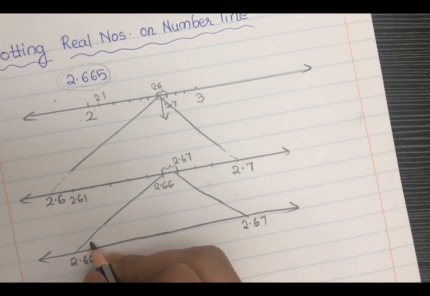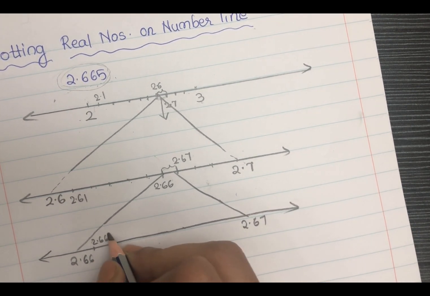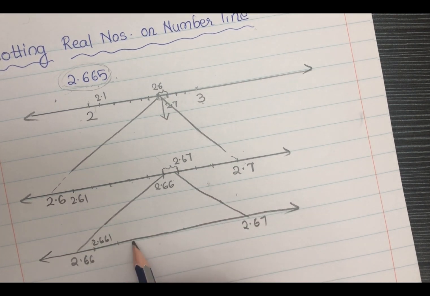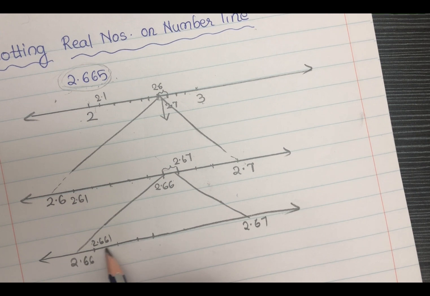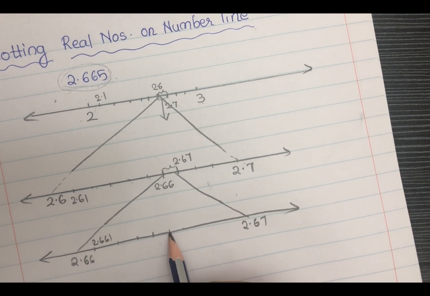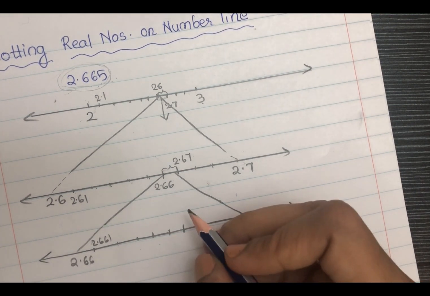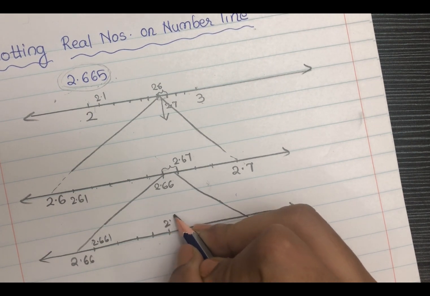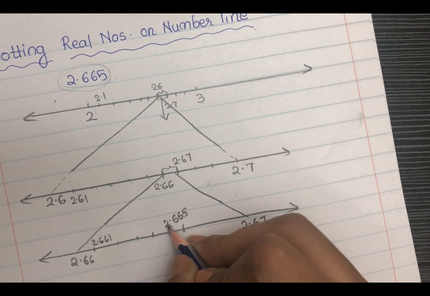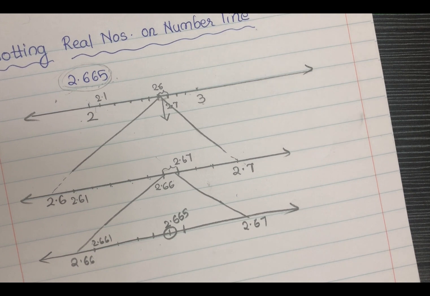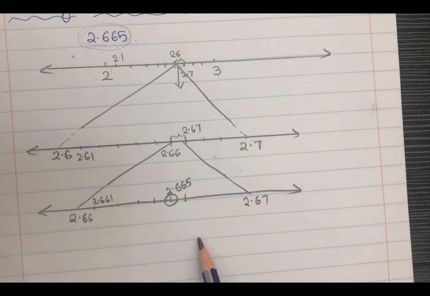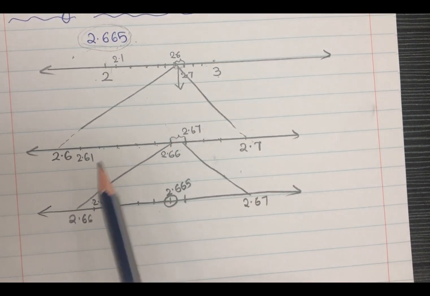So what is this? 2.661, 2.662, 2.663, 2.664, 2.665. You got 2.665. So this is the way we plot the real numbers on a number line.